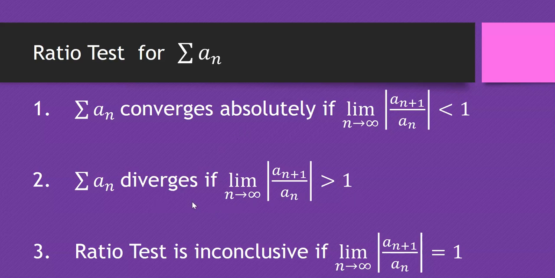If it's greater than 1, we know it diverges. And it turns out the inconclusive situation happens when the limit of that ratio is exactly 1. So when it's less than 1, we converge absolutely. When it's greater than 1, it diverges. When it's equal to 1, this test really doesn't work. That's what it's saying there in that third option.